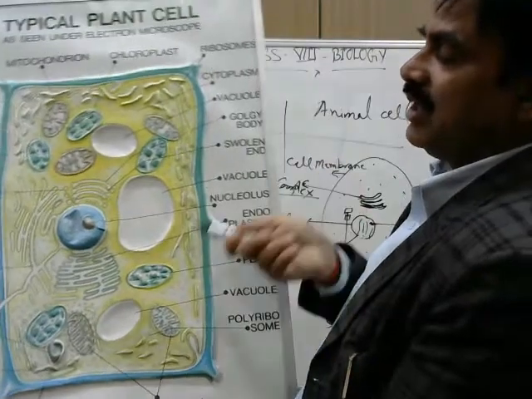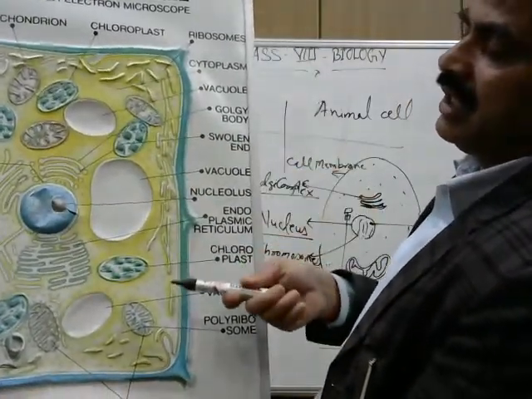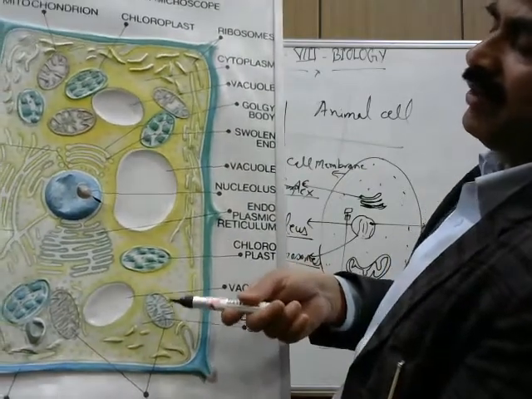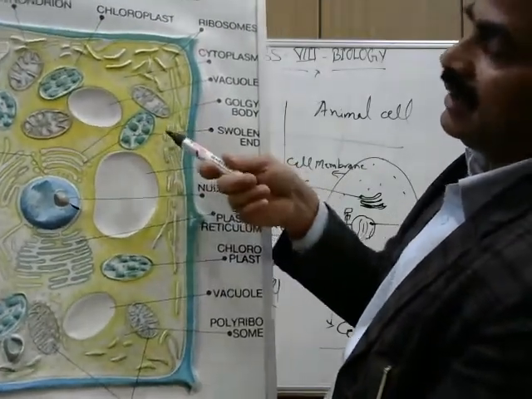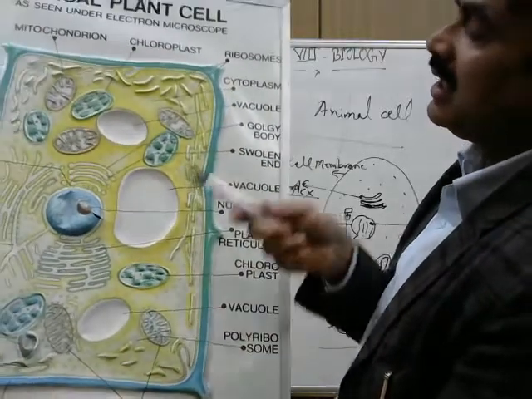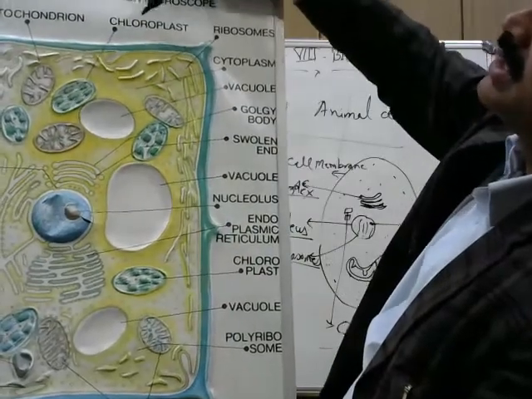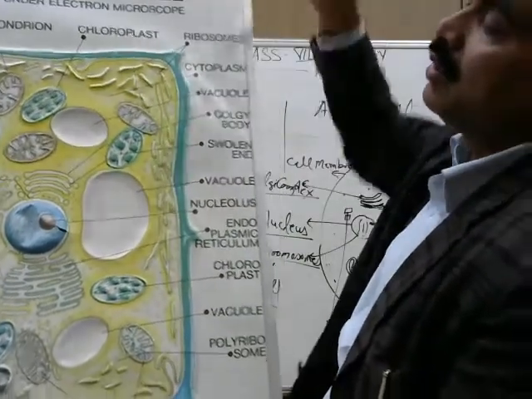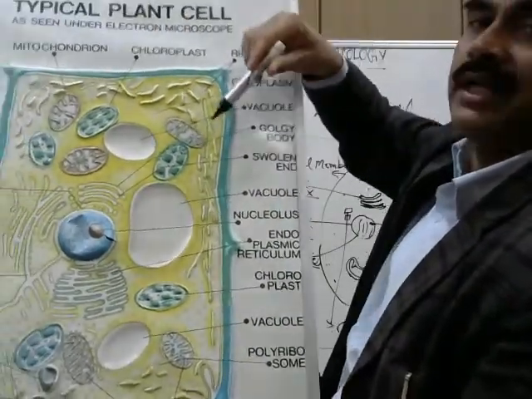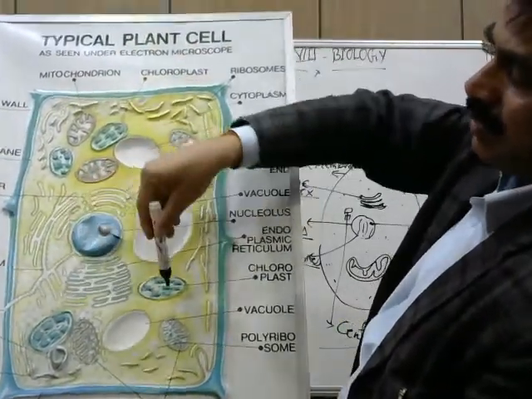Again, you can see 1, 2, 3, 4, 5 mitochondria, and 1, 2, 3, 4 chloroplasts. Look at this chloroplast. You can see the structure of these chloroplasts. Chloroplast contains the grana and stroma. Look at this, 1, 2, green color, chloroplast.